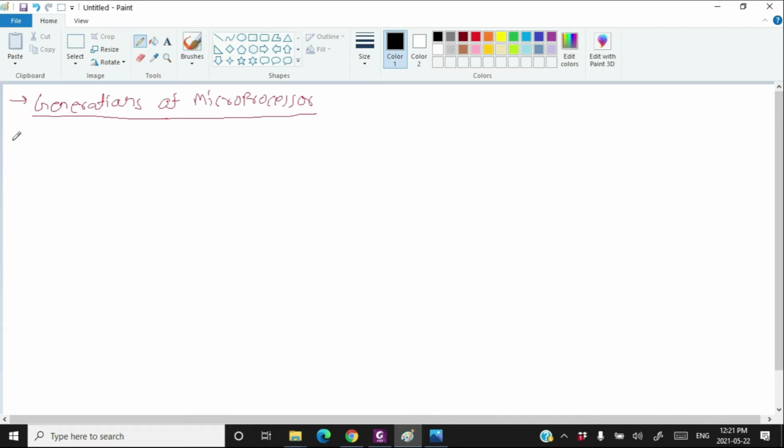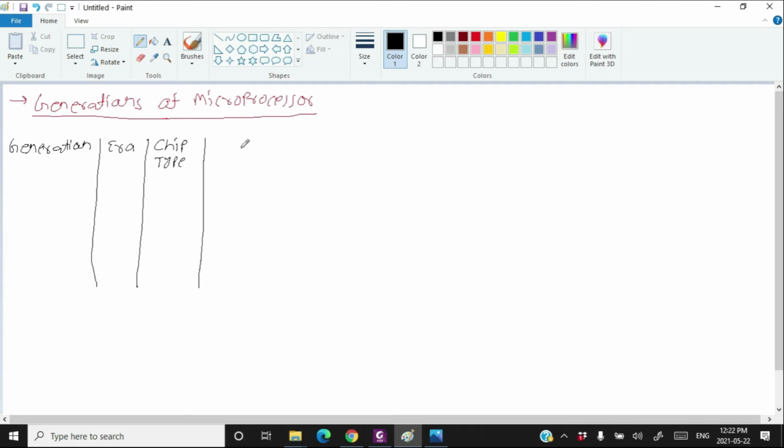The first column in this table is the generation. The second column is era, means in which year this generation came. The third one is chip type. We already have learned about LSI, VLSI, SLSI, etc. So what kind of chip was in that generation, we are going to see in this column.